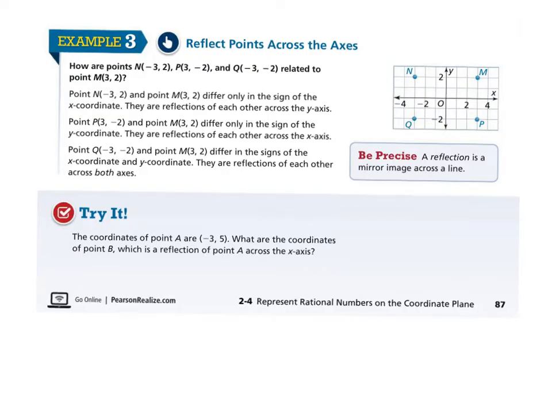Example 3, how are points N, -3, 2, P, 3, -2, and Q, -3, -2 related to the point M, 3, 2?